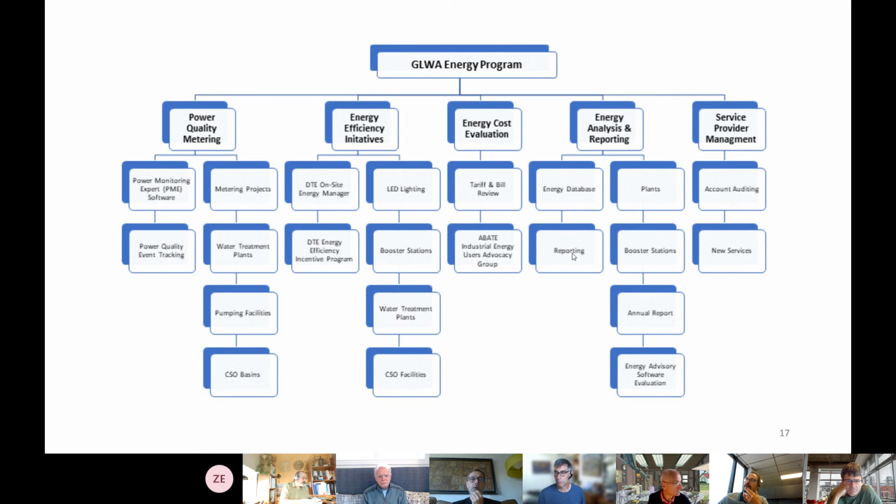That involves building a database right now that uses our internal meters. It also uses our billing data from our utility. They have half-hour use data on their website, and I'm building reporting around that.